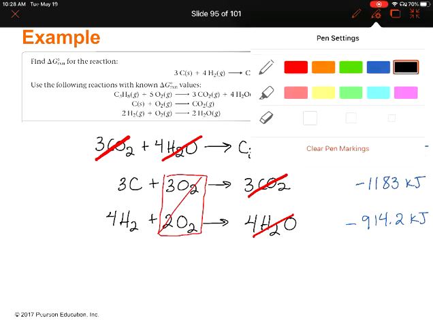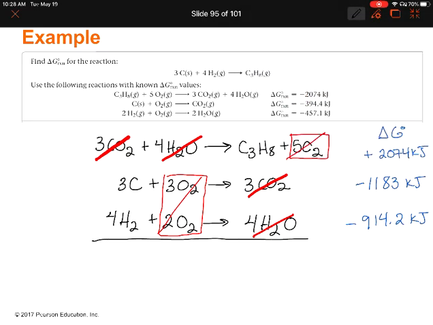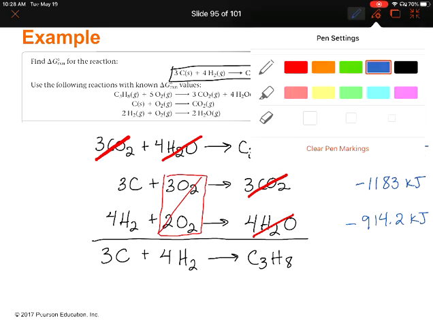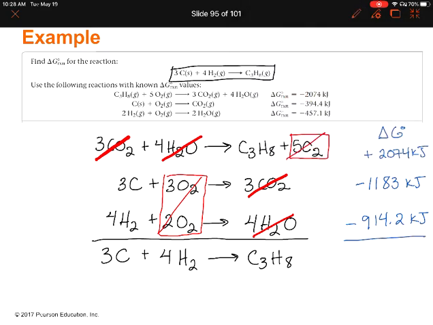So let's write our overall reaction. So on the left of our arrow, we have 3 carbons and 4 hydrogen molecules, and we're producing propane. All right, so that matches what we saw up above, which is perfect. And now we just have to add together all of our delta G values to get the overall delta G of our reaction.